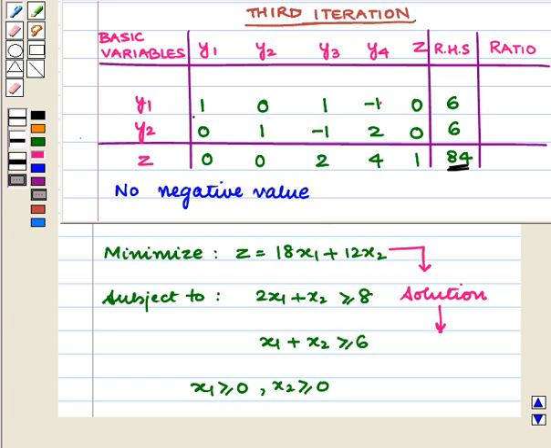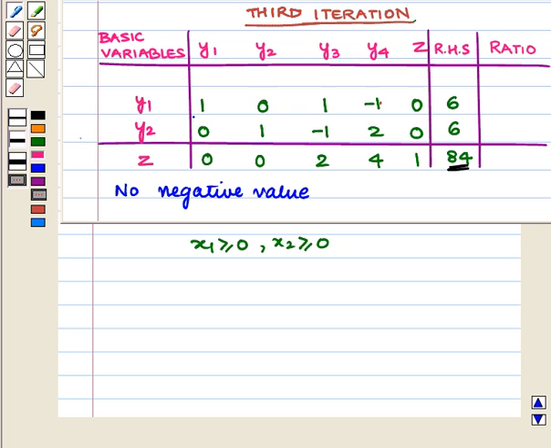Its solution should be given by the variables x1 and x2. For this, see the last row of the final simplex table. See the entries for the slack variables y3 and y4. We have y3 is equal to 2 and y4 is equal to 4.